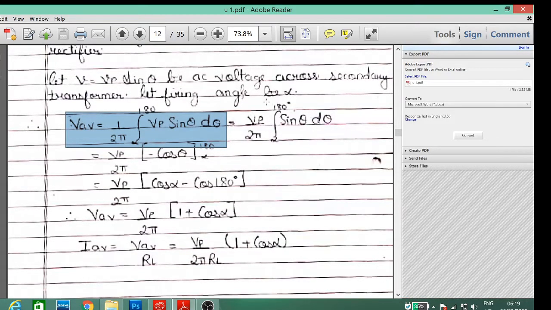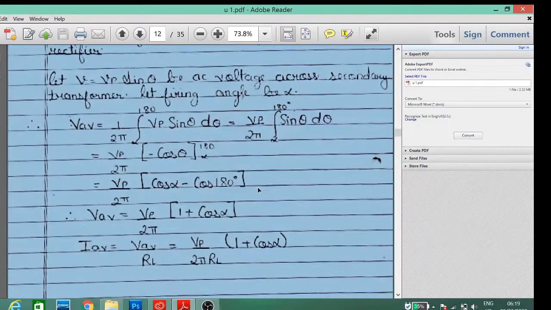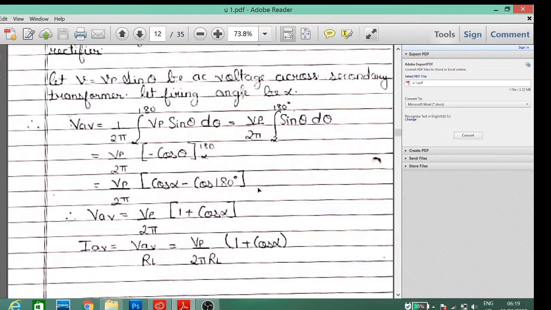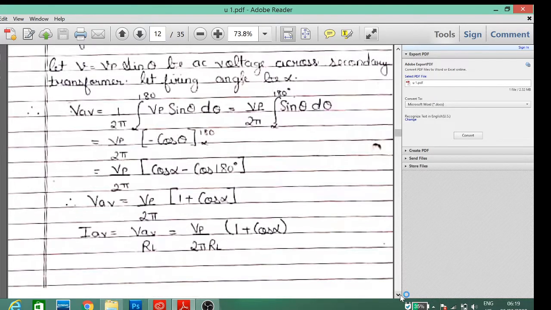The integration of sine theta from alpha to 180 degrees results in minus cos theta from alpha to 180 degrees. Cos 180 degrees is nothing but minus 1, therefore minus minus gives plus 1 plus cos alpha. So Vavg is equal to Vp divided by 2 pi times 1 plus cos alpha. The average current is equal to Vavg divided by RL, that is Vp divided by 2 pi RL times 1 plus cos alpha.